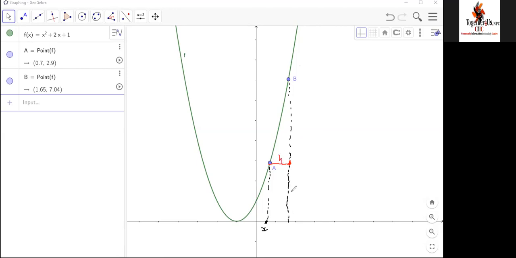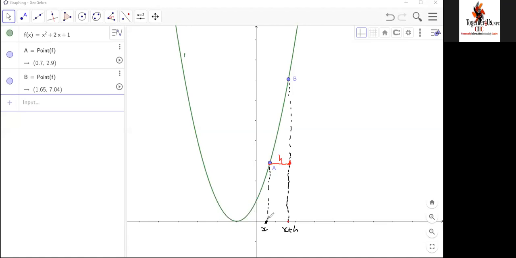I tell you that this distance is h. Then this coordinate here should be x plus h, okay? So we are generalizing, remember, we don't know what this value of x is, okay? So this should be just x plus h.